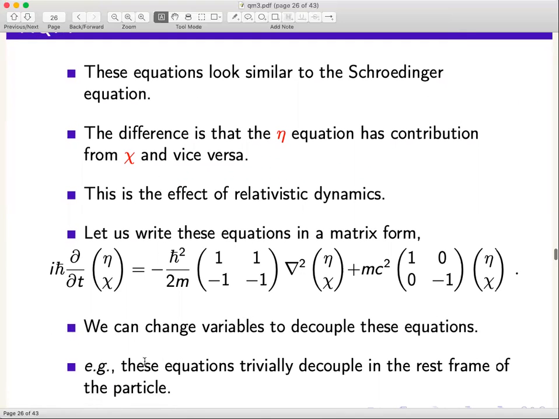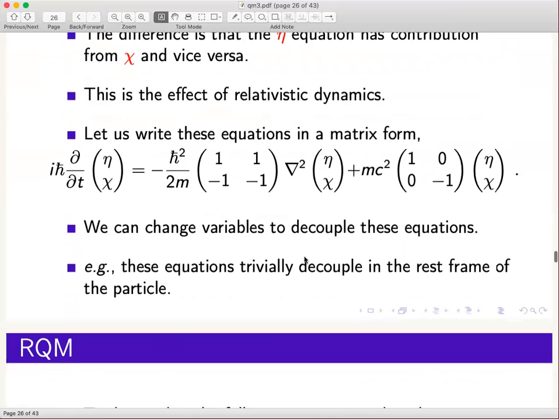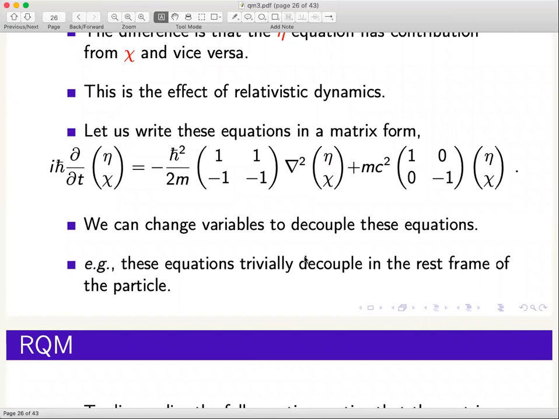So that is the thing that we are going to do next. And as I mentioned some time ago, they trivially decouple when grad square acting on eta is 0. In that case, we knew that in the rest frame, the particle and antiparticle degrees of freedom completely decouple. So does that sound okay?